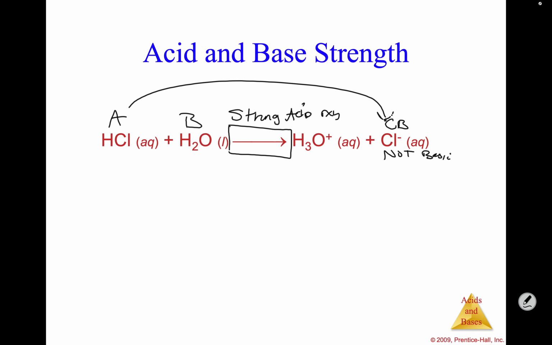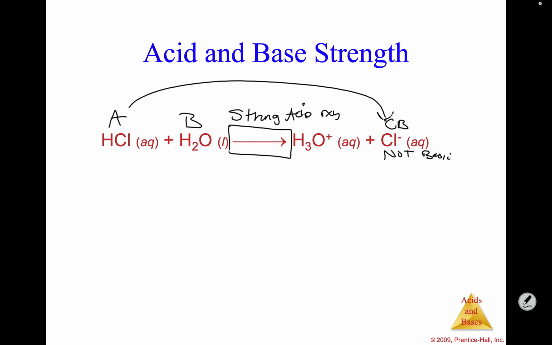HF is a weak acid because H and F minus are strongly attracted to each other. They don't want to completely dissociate. So when I make F minus, it'd rather be with HF than by itself. It's not as stable, it's reactive. So if what you're making is reactive as a product, it's going to shift back as an equilibrium reaction. Hopefully that explained it a little bit.